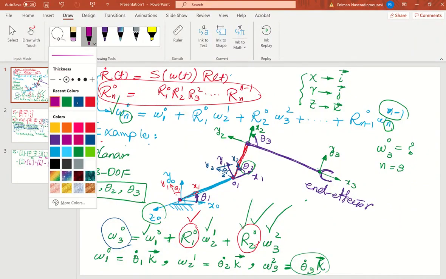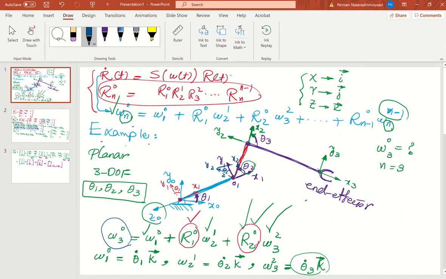But if I say, for example, let me erase this. If I say that the robot is rotating like this, now the axis of rotation of this is going to be inside the page. That's right. Z2 is going to be inside the page. So Z0 and Z1 are going to be out of the page.